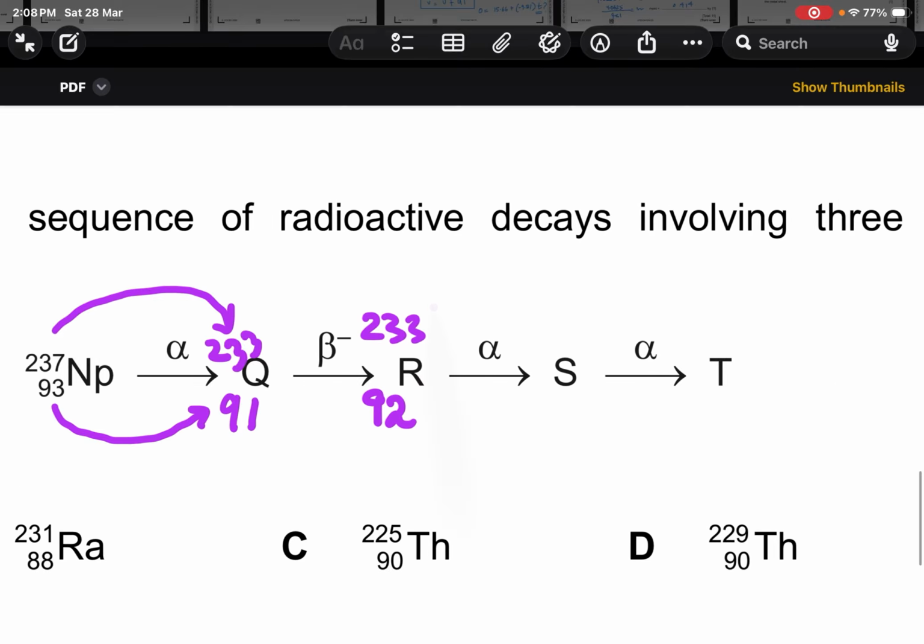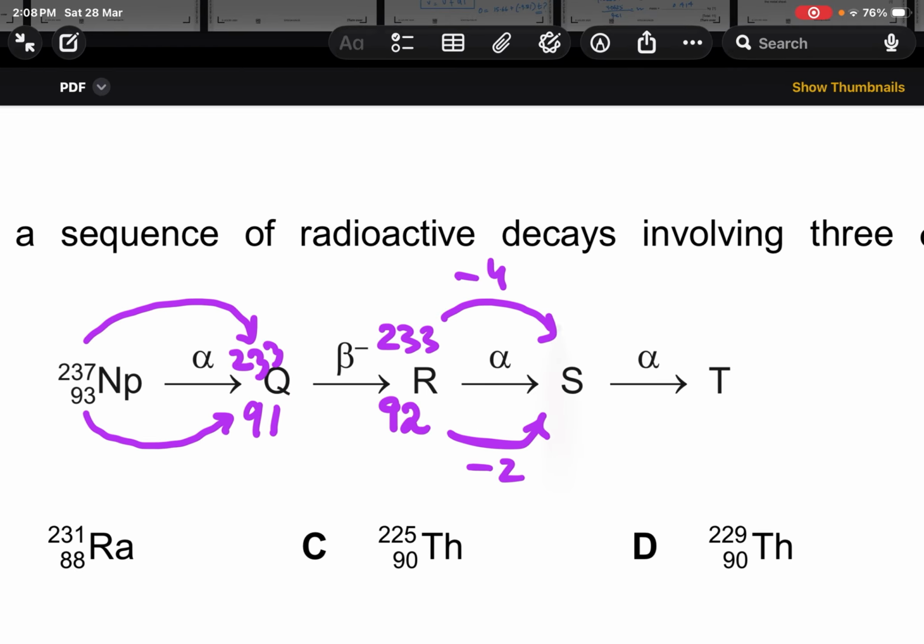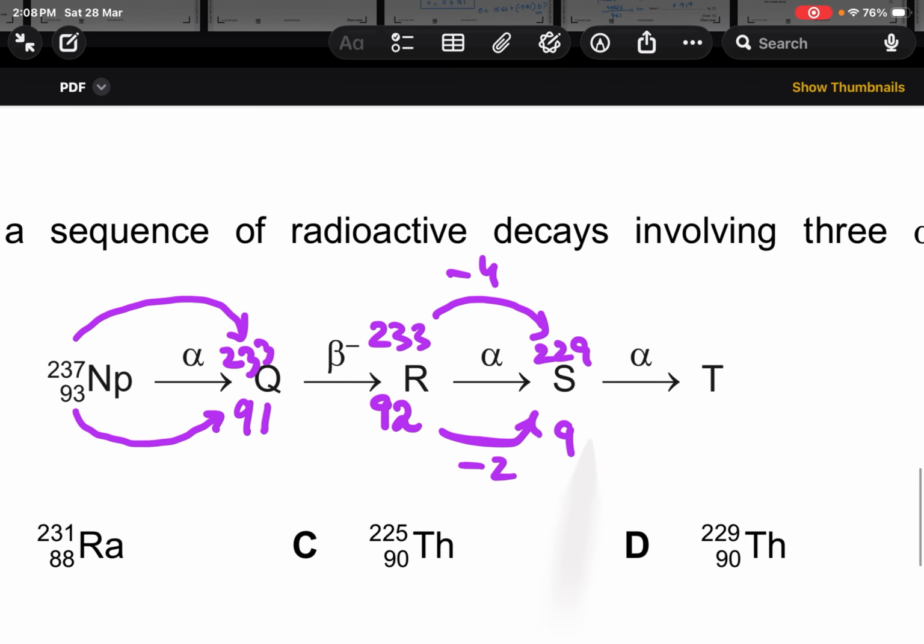Now in alpha decay, this again decreases by 4 and this decreases by 2. So 233 minus 4, 229, and 92 minus 2 is going to give me 90.